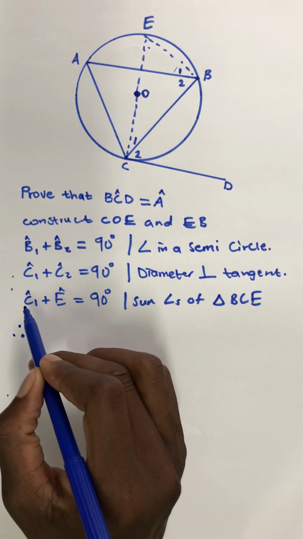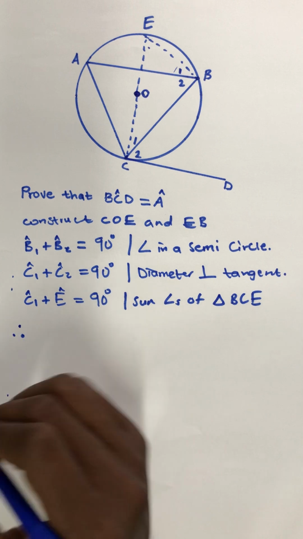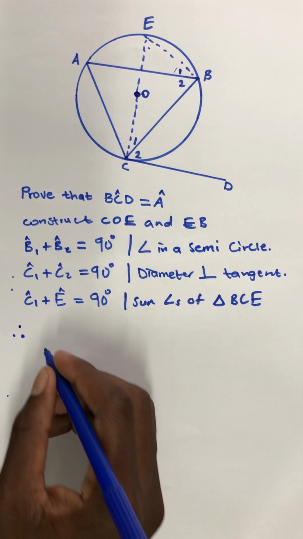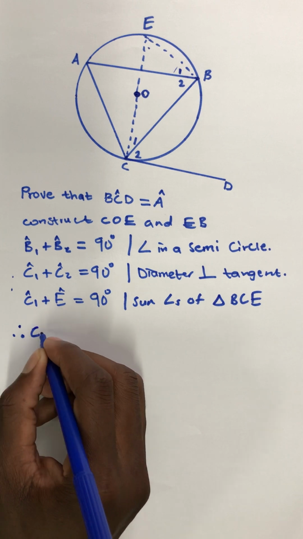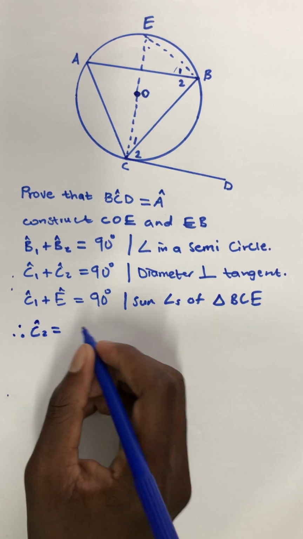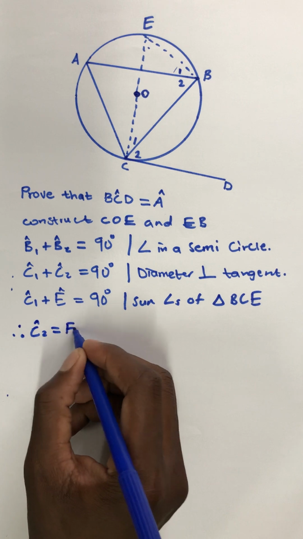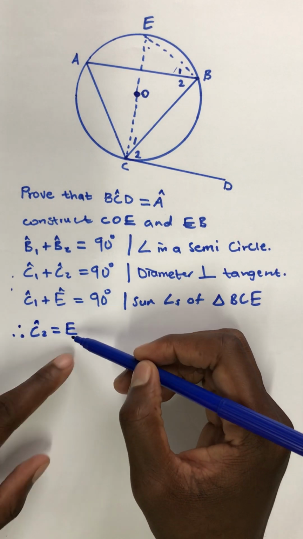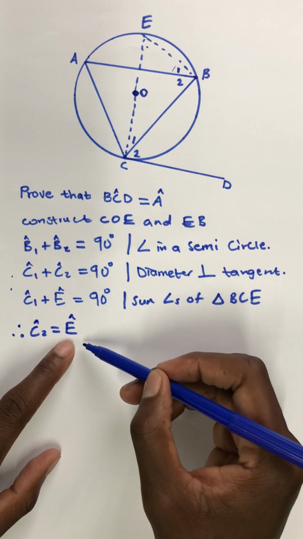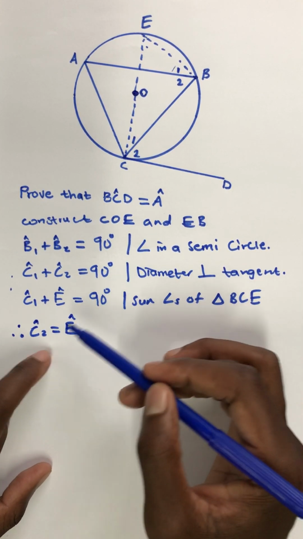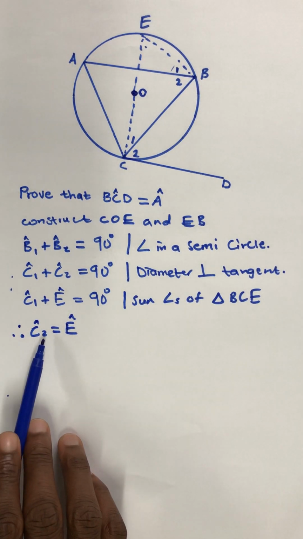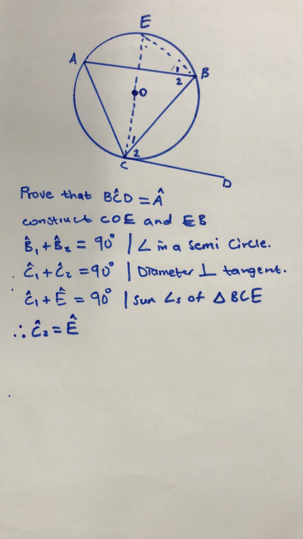Also the same C1, when we add it with angle E, we also get 90 degrees. So it means that angle C2 is equal to angle E. Why? Because when we add the E with C1, we get 90. When we add the C2 with the same C1, we get 90. So C2 and angle E are both equal.